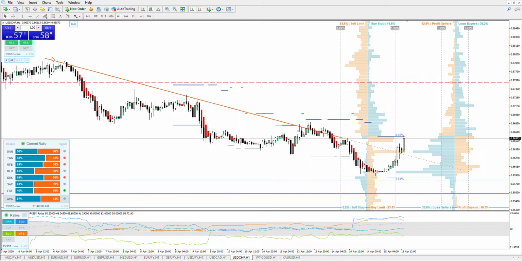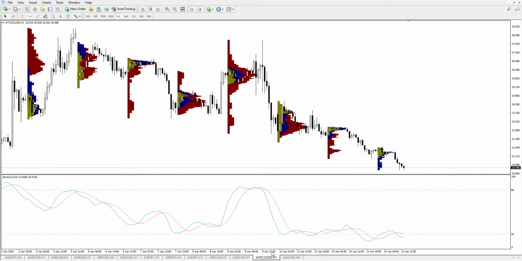Dollar Swiss, currently a sell. We're above the diagonal, we're above the monthly pivot. There's your stop loss clusters. There's your order book. So just a quick one on oil. This was ridiculously bearish on the sentiment, over 30 SSI. So it should really fall. I'm looking to go long, but not when it's so crowded.